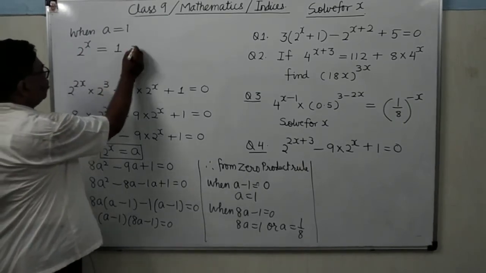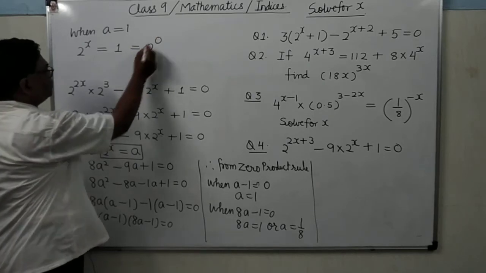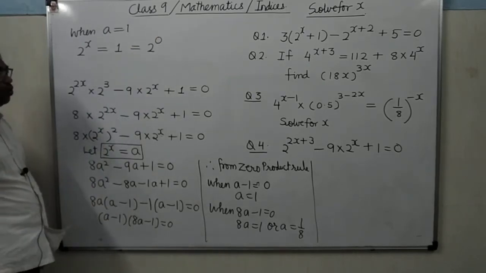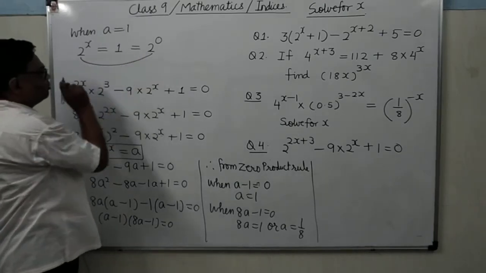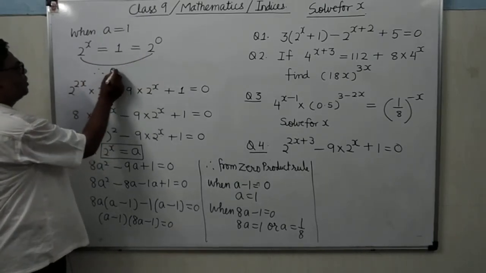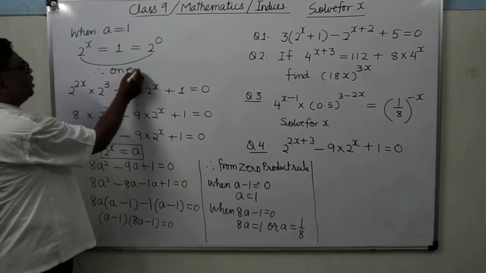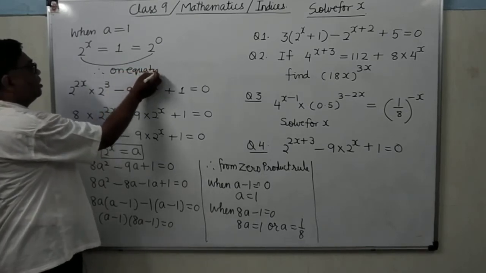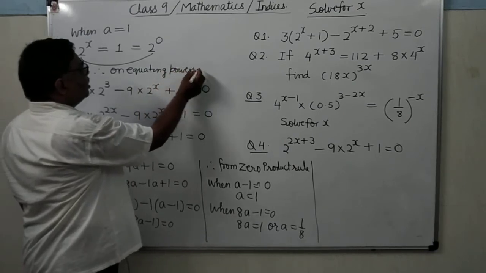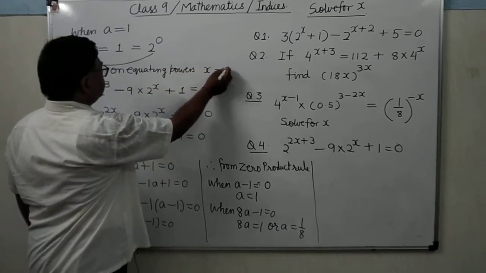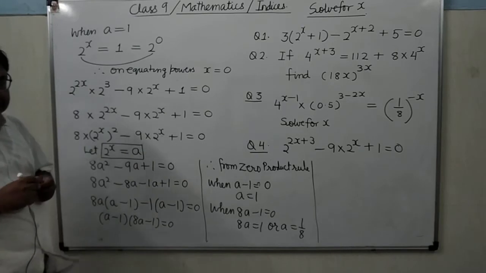We know that 2 to the power 0, 1 can be written as 2 to the power 0. So bases are same, therefore on equating powers, x equals 0. So this is the one answer.